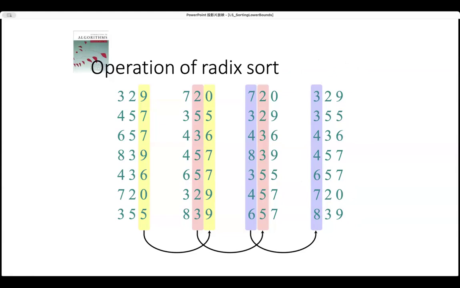That's the radix sort. The basic idea is that we sort one digit at a time, from the least significant digit to the most significant digit, by using any stable sort algorithm. Mostly counting sort, but it's not confined to counting sort.